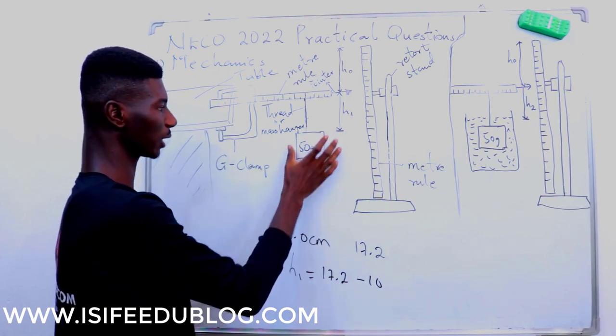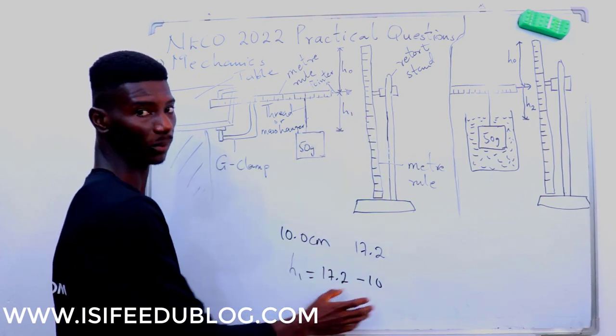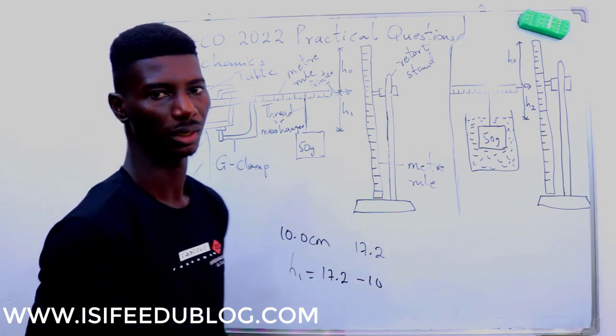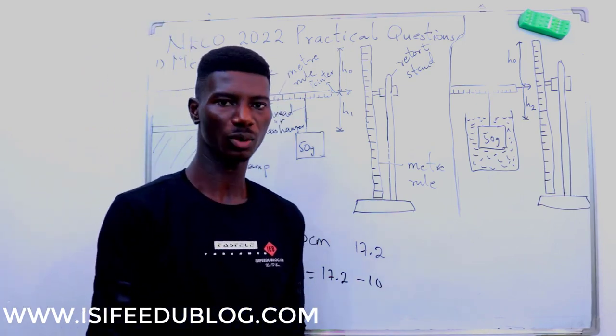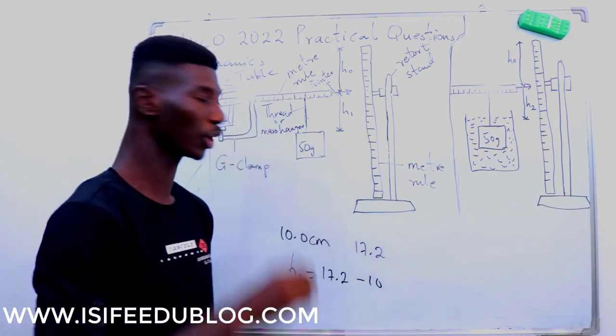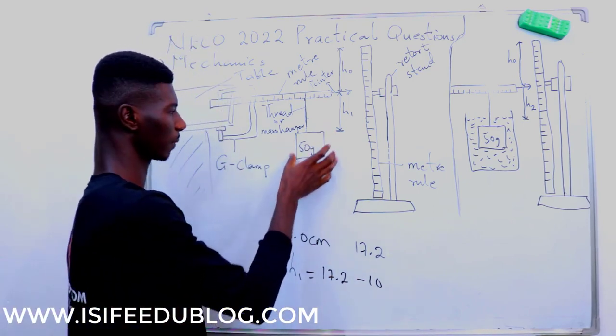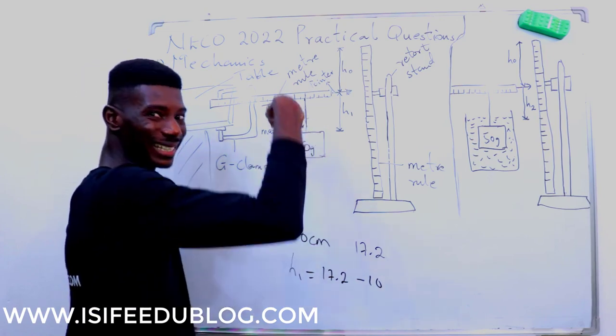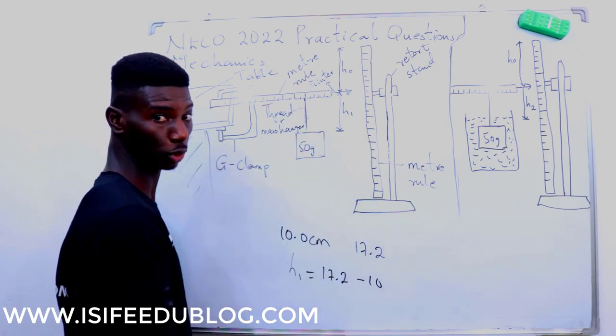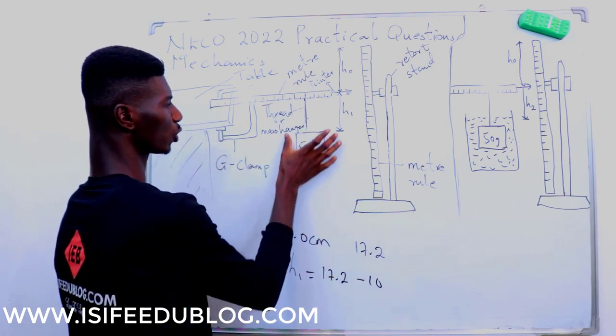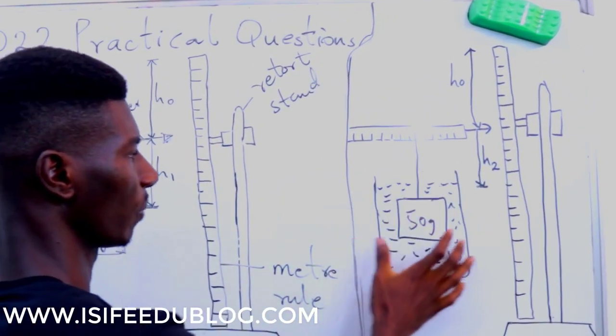So after doing this, you record your H1 and keep, then you bring your beaker or anything you are using, water. Remember, they say completely immersed. So this mass now, make sure it's not partially immersed. Make sure the whole of this mass is inside the water and is not touching the bottom of the beaker. So once you put it, that is what we have here.